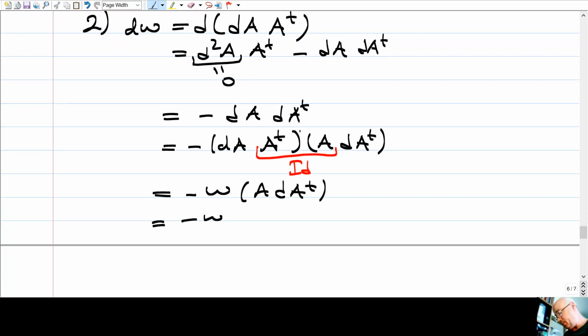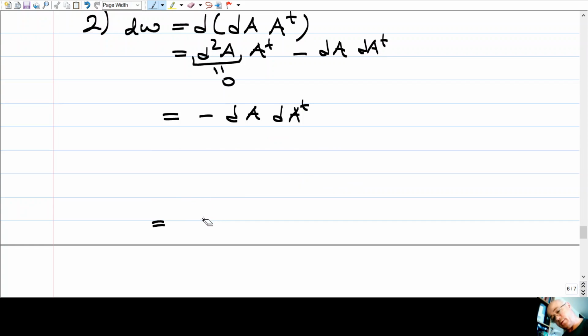Okay, yes. Let me do it this way: minus of this, and then minus dA transpose, A and dA transpose.